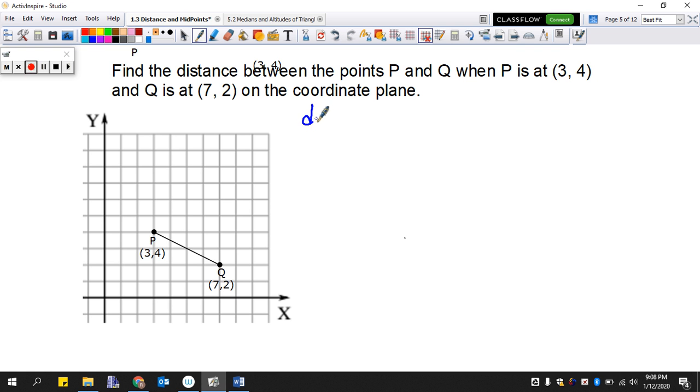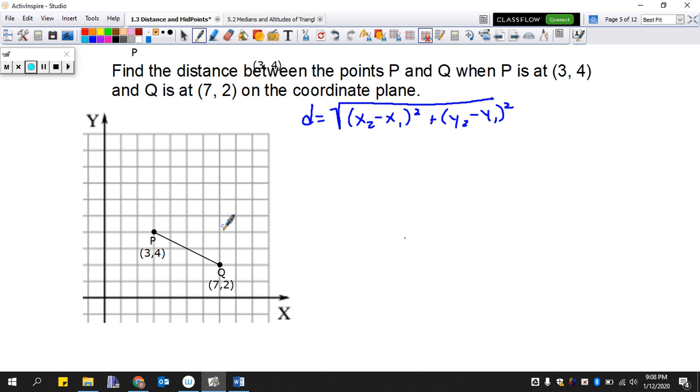Once again, we can plug it into that, or we can just simply say, let's see here. If we draw a right triangle, this is the hypotenuse. It's pretty easy to see that this is 1, 2, 3, 4. So the length of this is 4. The height is 2.